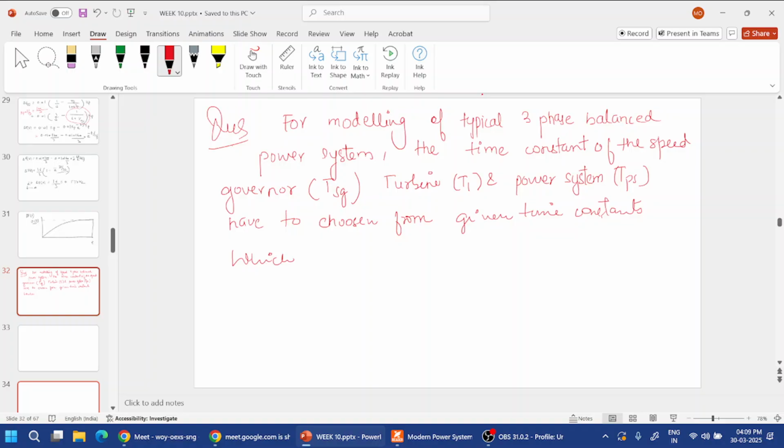Which one will be a sufficiently accurate choice for TSG?